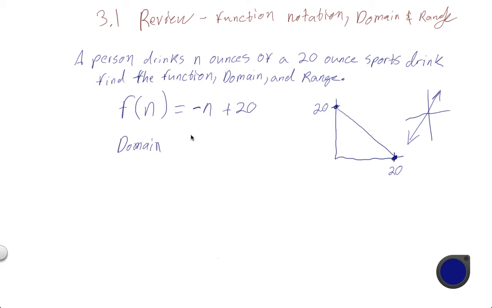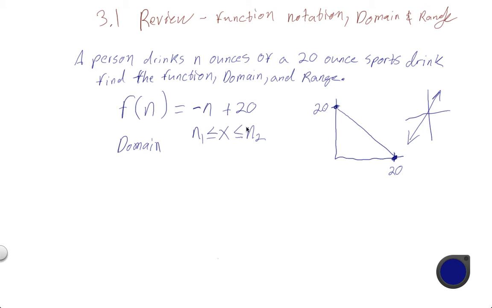Okay, so when we have a continuous function, our domain range looks something like a number is less than or equal to x, which is less than or equal to some other number. Okay, and if it were discrete, we would have a list of all the possible values that n could be.